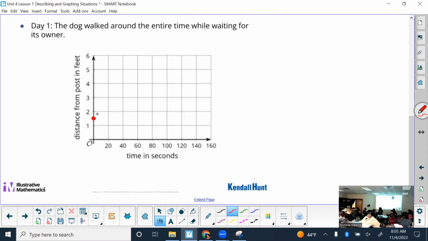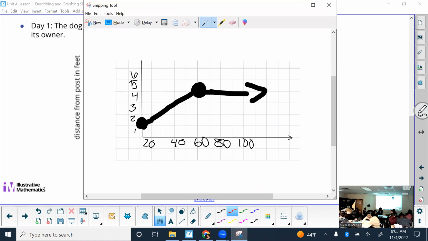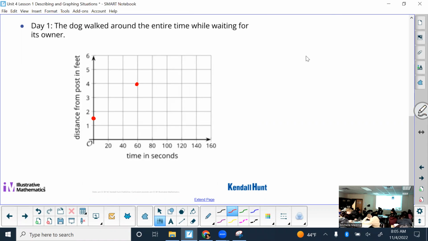Each day, 60 seconds after the owner left, so here is 60 seconds, the dog was 4 feet from the post. So I can see how day 1 could be represented by that. If the dog walked around the entire time while waiting for its owner, we could connect these 2 dots.